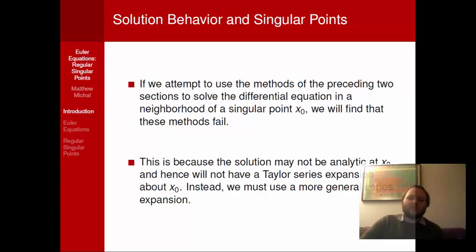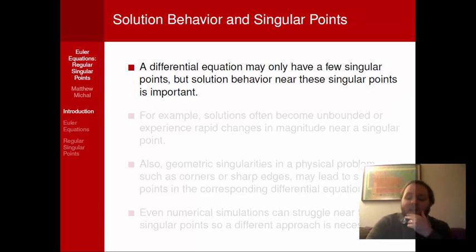Oftentimes we have what are known as poles or other problems, whereas in a Taylor series, you'll see x to the n where n is some positive integer. Oftentimes near your singular points, at best you're going to get negative powers, like -1, -2, maybe more negative. And so we're going to need to be more careful about our general series expansion, and we're going to talk about that more in depth in the next video.